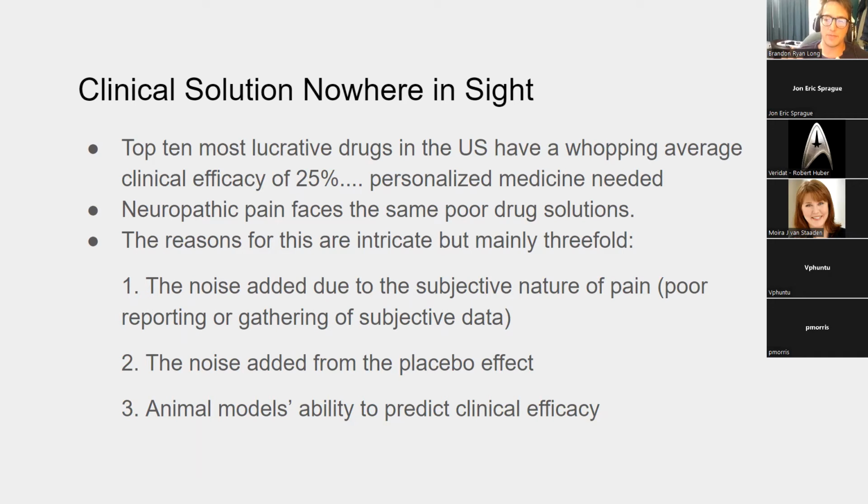My project is trying to help this problem, and mostly has to do with the third one here. But the first two are: you're going to get bad data from subjective reporting and collection of pain, and then you're going to have noise from the placebo effect.